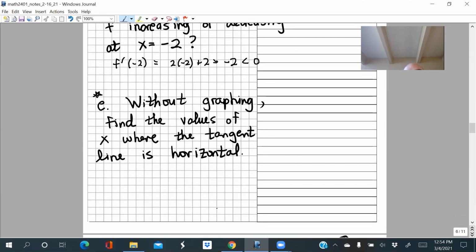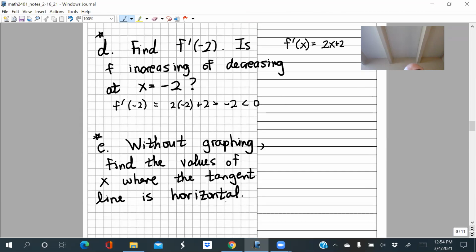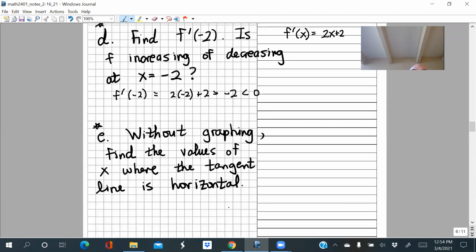Now, this looks like a hard question, okay, but it turns out it's not. So without graphing, we want to find where the tangent line on that curve is horizontal. So without making a graph, where on that curve would we have a horizontal tangent line? So horizontal means a flat tangent line.